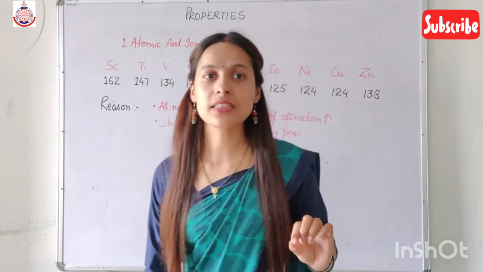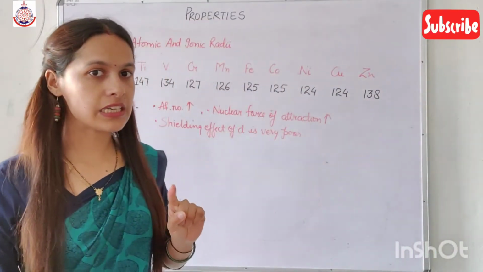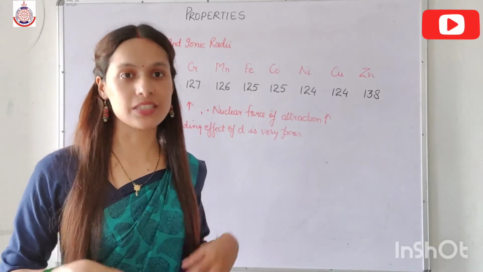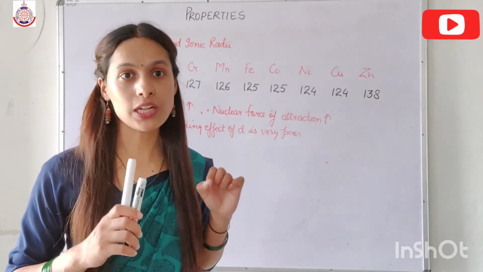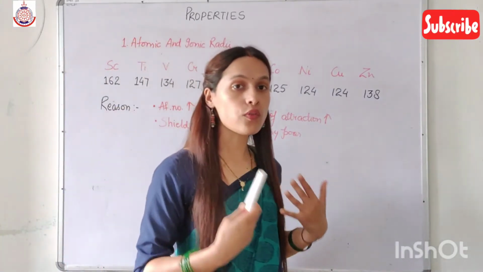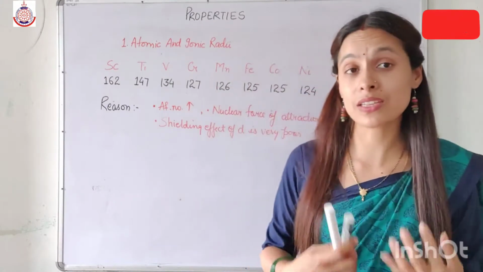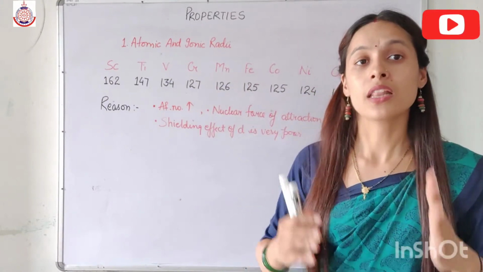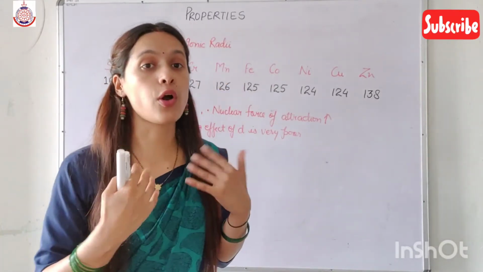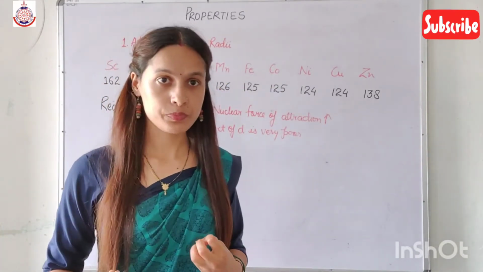Due to the increase in the number of electrons in the D orbital, their overall shielding power increases. And due to the increase in the overall shielding power, the effect of the increased nuclear charge is not as dominant.